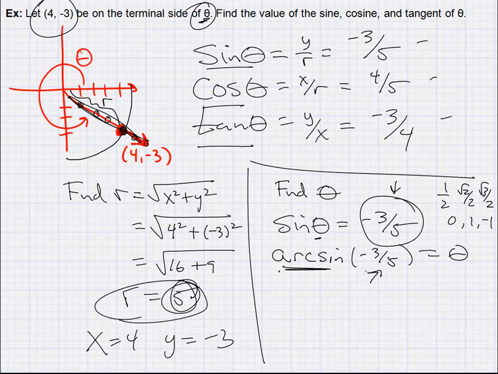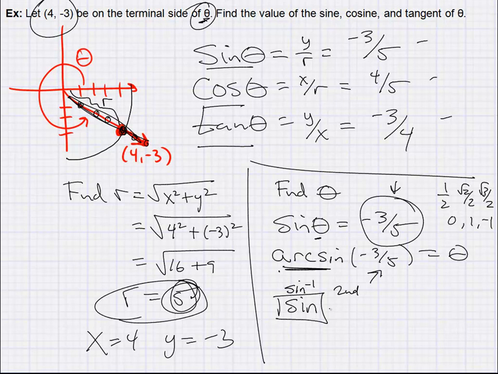You'd want to find the arcsine of negative 3/5 in your calculator. Your calculator has a button that looks like this. And usually right above that button you see this. That's your inverse sine, your arcsine. Usually you have to hit the second command to get to that. Every calculator is a little different.